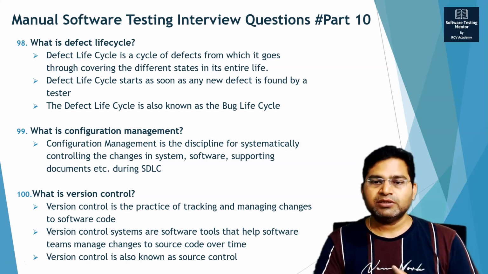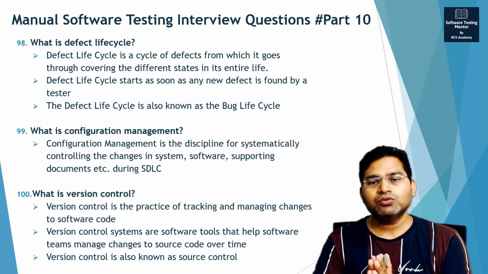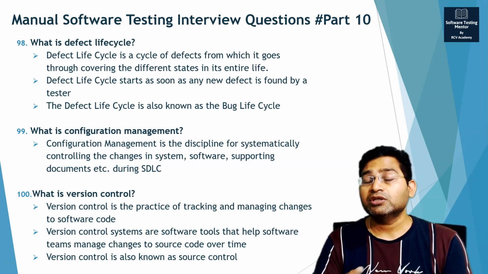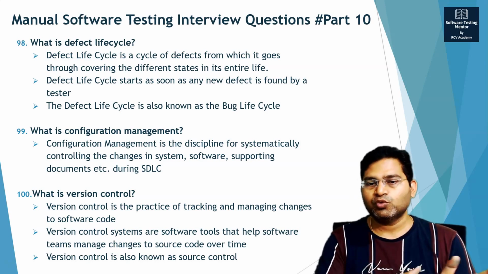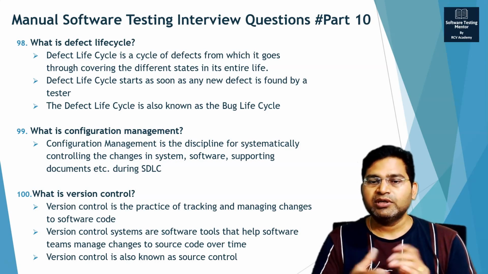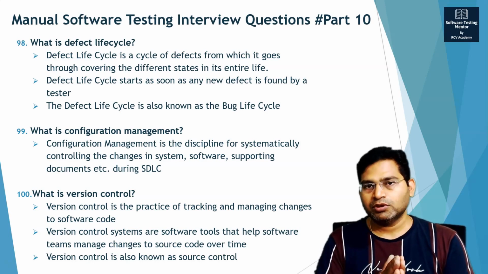And version control systems are software tools that help software teams manage changes to source code over time, and they are also known as source control systems. So Git, Bitbucket, right? CVS, there were some older ones as well, but Git and Bitbucket are the very popular ones that are widely used nowadays for the version control of the source code.